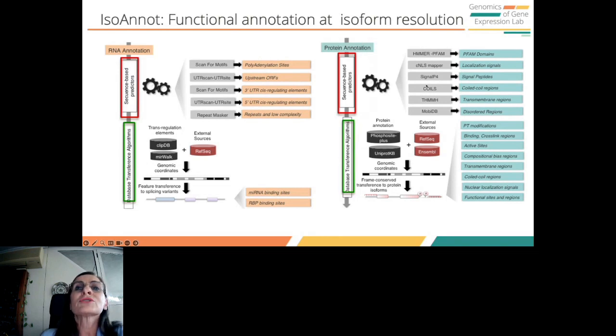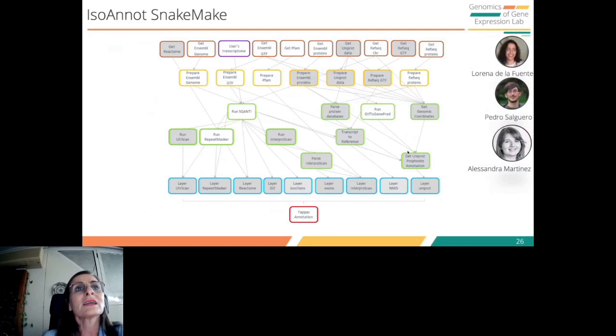And at the protein level, we also do the typical things, for example, Pfam domains, transmembrane regions, disordered regions, post-translational modifications, and nuclear localization signals, again using function prediction methods or simply mapping from the databases. And we do that for every single isoform, also those that are newly detected by the long-read methods. And this is all put in a Snakemake pipeline in which many different sources of databases and algorithms are put together to finally create our annotation.